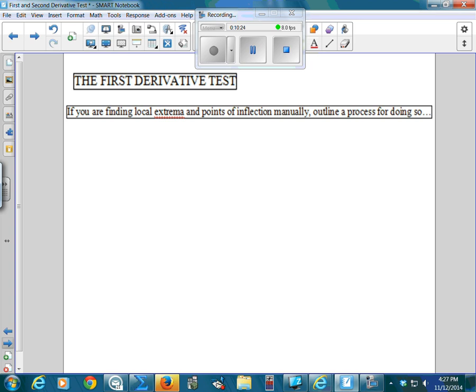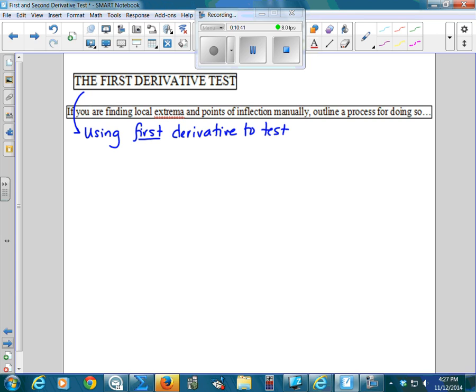This means we're using the first derivative to test for local extrema, henceforth abbreviated L.E.